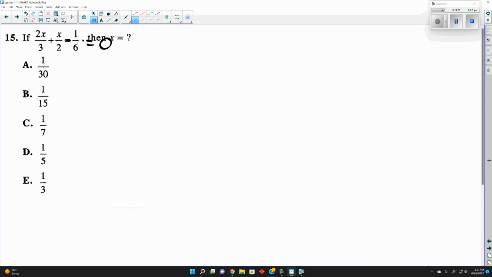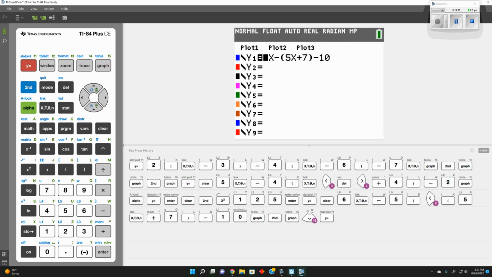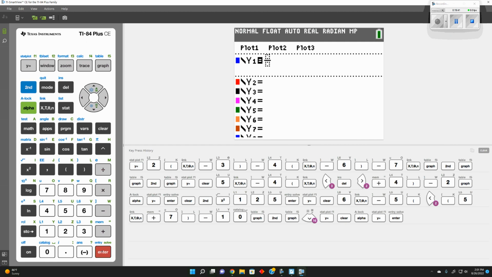Now the way we type this in, so again, we'll do y equals. We can clear this out. Alpha y equals enter. We have a fraction. So we can type the first one in: 2x over 3. And you have to make sure you do hit the right arrow so that you get out of the fraction. Plus, we'll do it again.